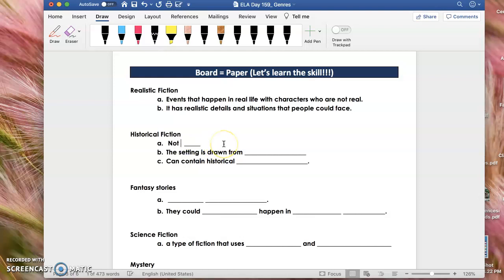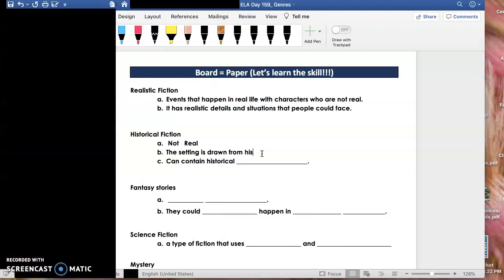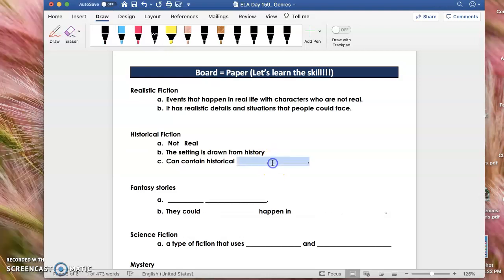And we know that historical fiction is, of course, not real, but the setting is drawn from history and it contains historical facts, okay?